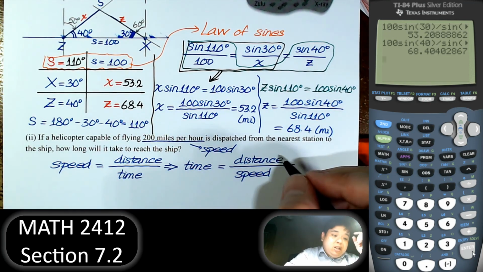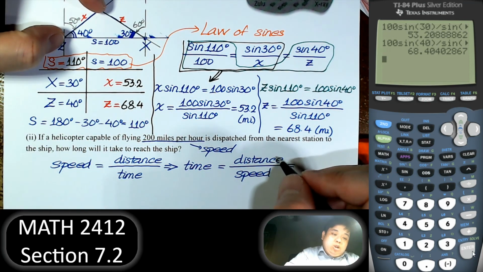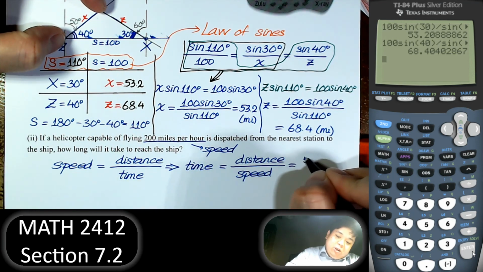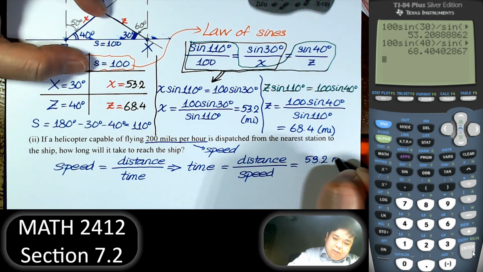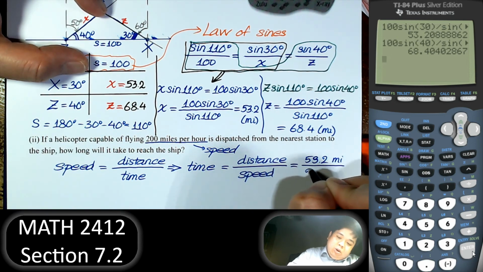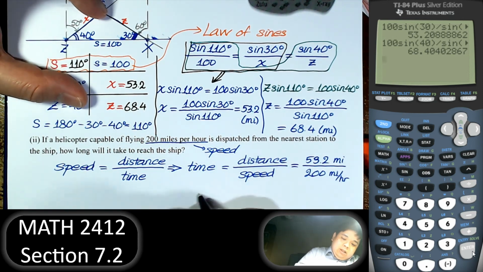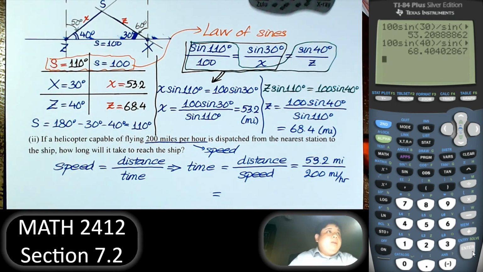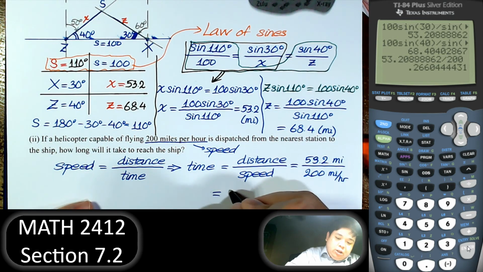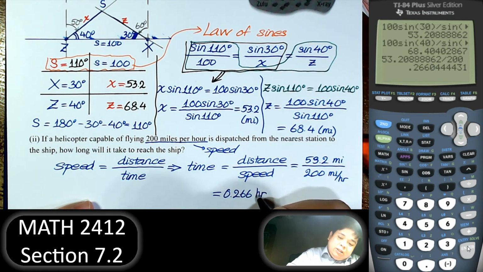The shorter distance of the two, from Zulu, is 53.2 miles. The speed is 200 miles per hour. So divide them. We have 53.2 divided by 200, so the time is equal to 0.266, and the unit would be hours.